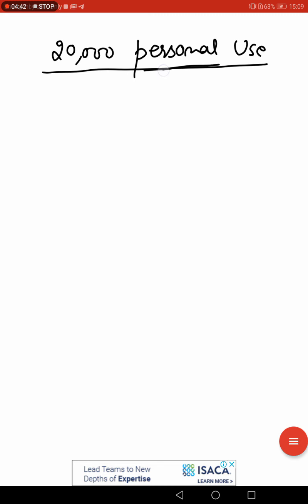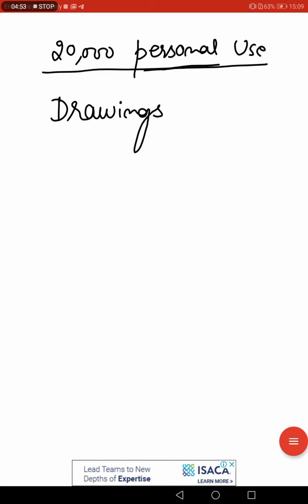Now suppose in the question it is written that Ganesh withdrew 20,000 for personal use. As he is withdrawing the money for personal use, this is drawings. As this is drawings, in this transaction two accounts will be affected.